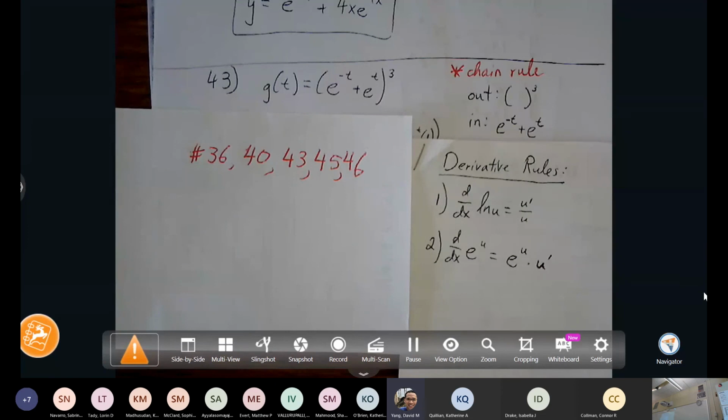Okay, so what's the outside portion? Well, let me ask you this. What is the derivative of x cubed? It's 3x squared. So that's the outside portion, right? And then we go to the inside after that.